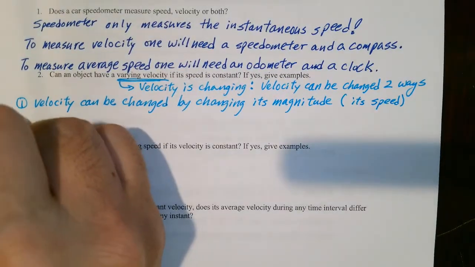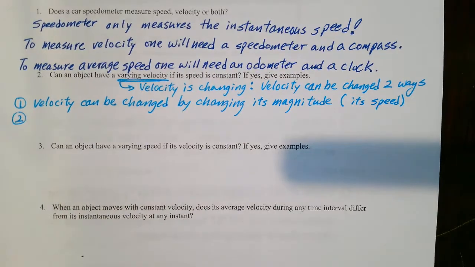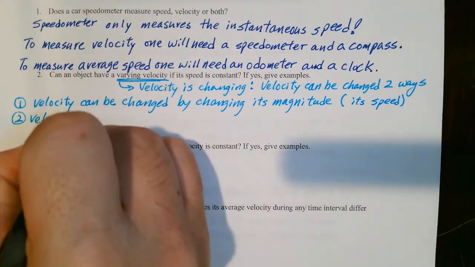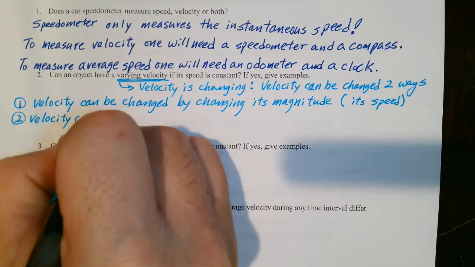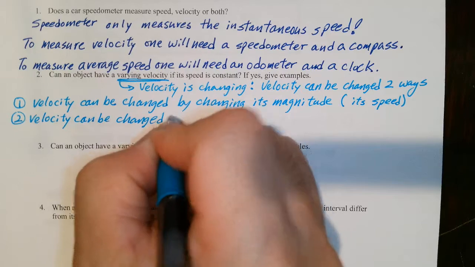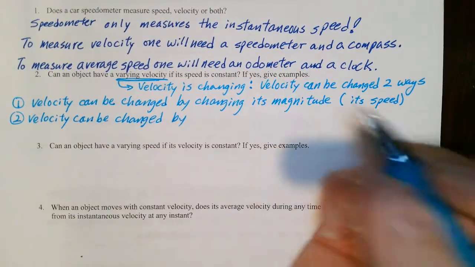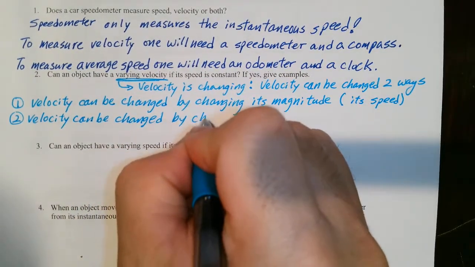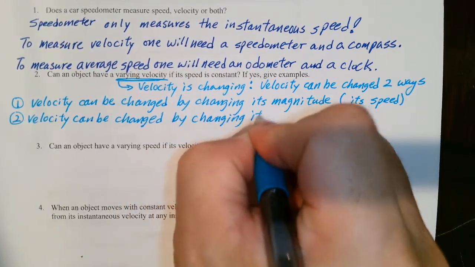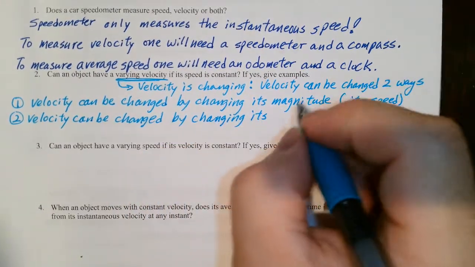A second way of changing velocity is by changing its direction.